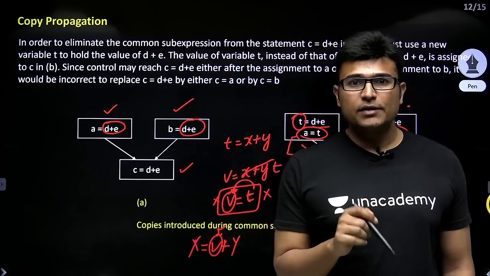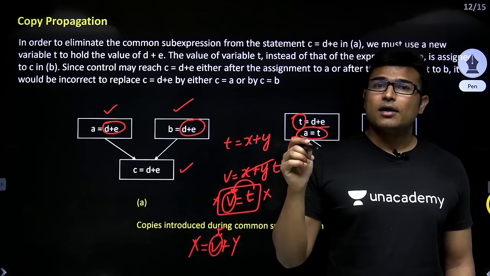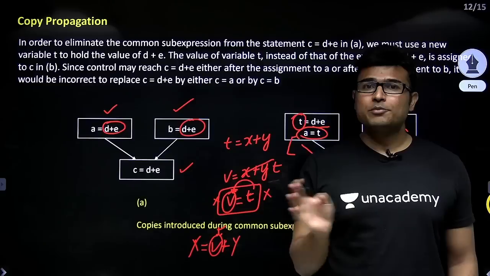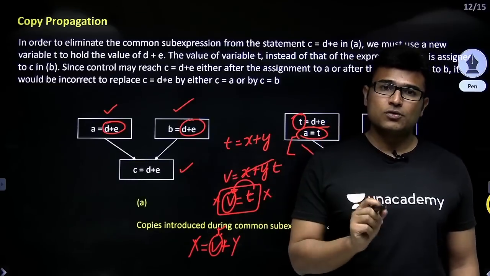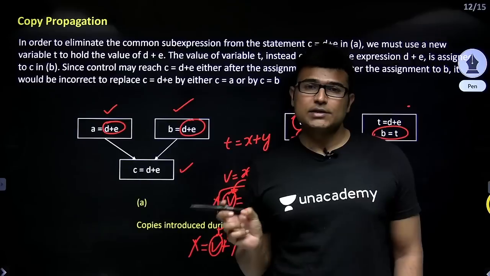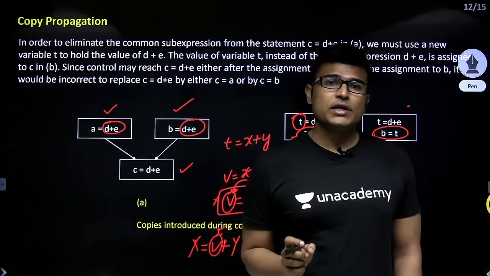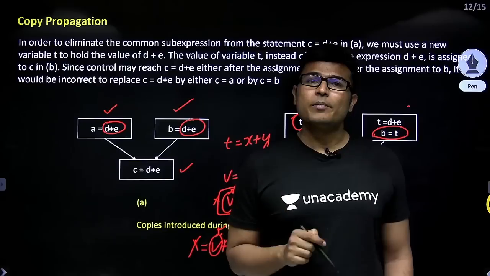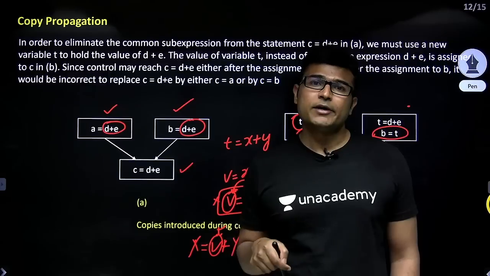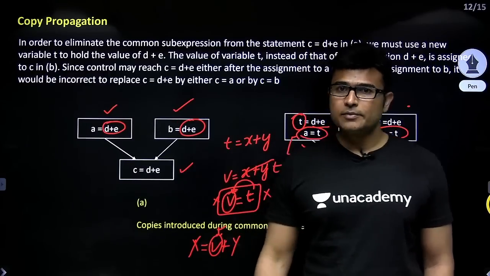But when you are deleting them, be careful to avoid corruption of the program. So check clearly all the statements in the block or in the program, and whenever you are deleting a copy, wherever that variable is used in the program, you replace it with the right hand side. Then you can definitely eliminate it, right?